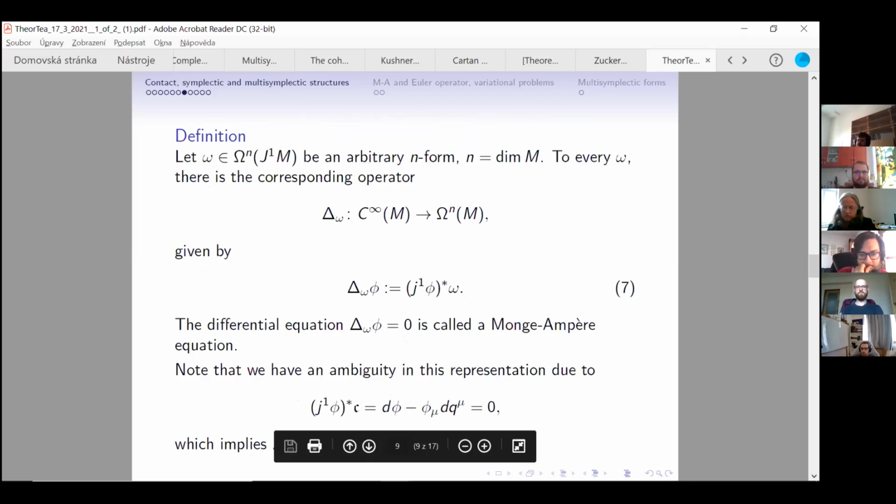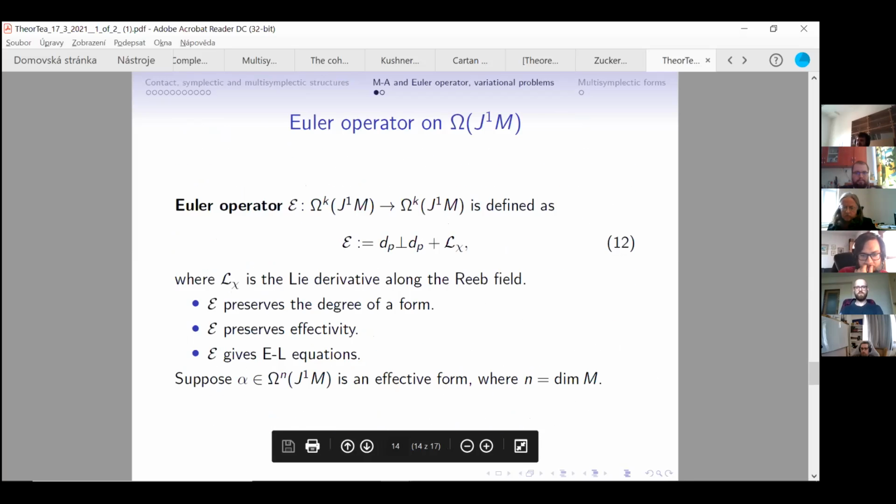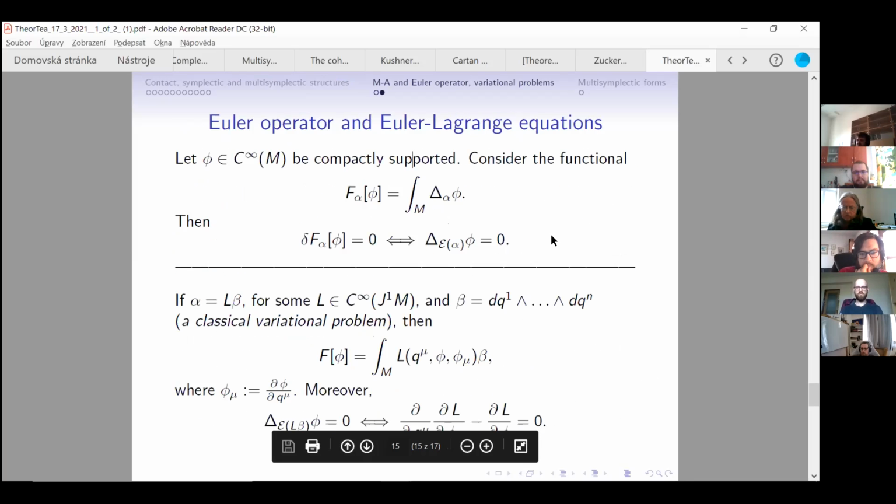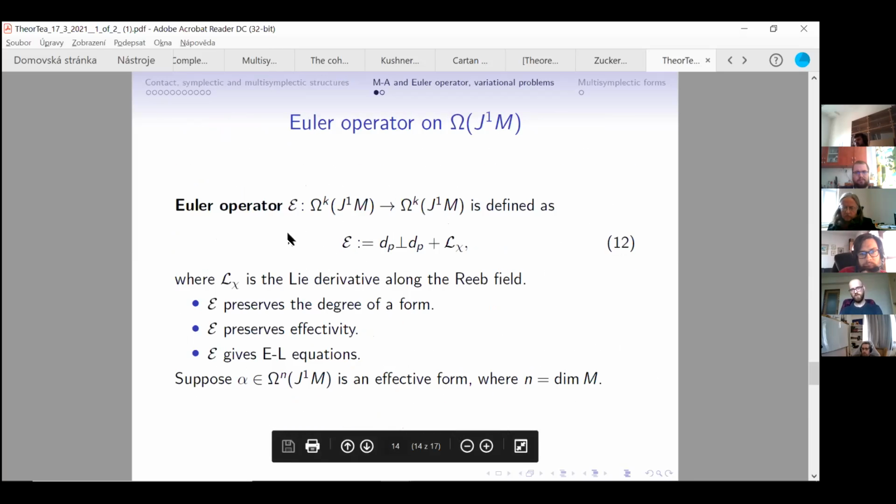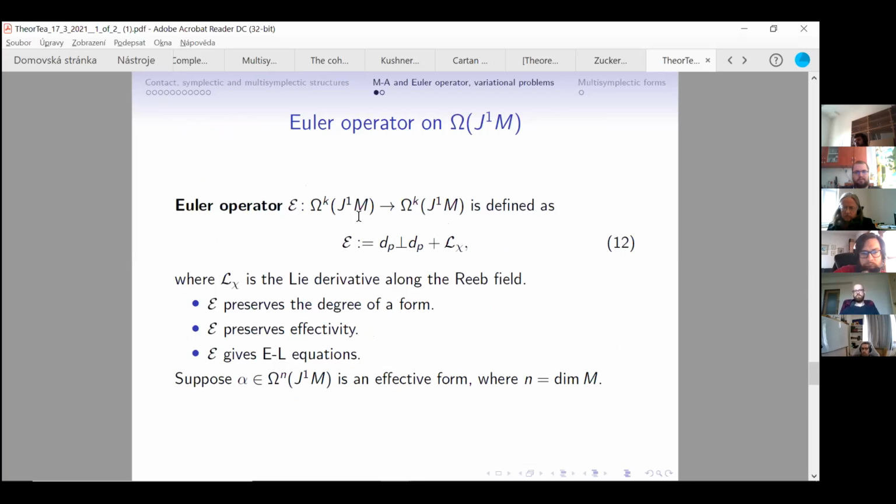So let's get back, because we are almost at the end. We want to utilize this fact that we have some nice operator. This operator is acting on forms up on the J1M. So maybe let me say once more the rationale of this approach.